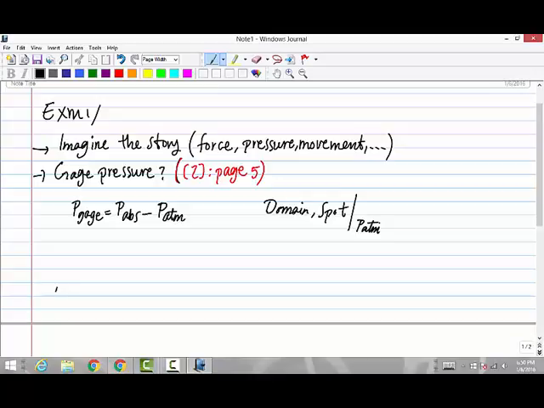Another point that I want to mention here is that it says determine the gauge pressure of air.